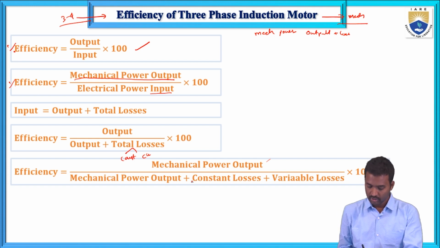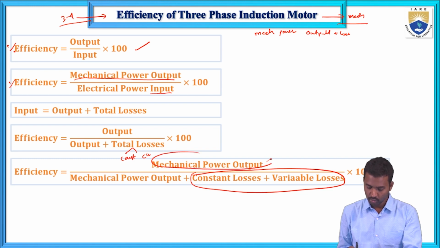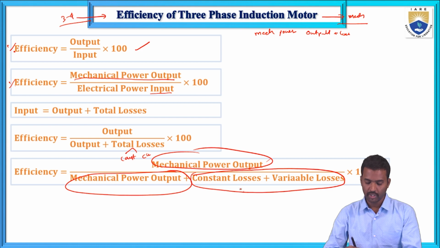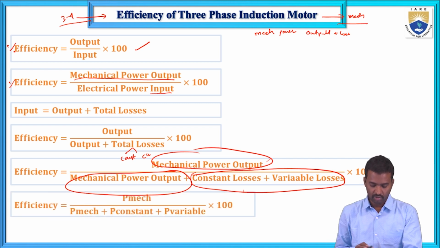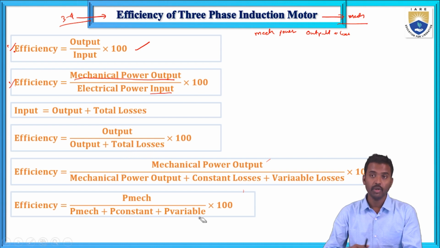So efficiency equals output by input, input equals output plus losses, and the losses are constant losses and variable losses. Now efficiency equals P mechanical divided by P mechanical plus P constant losses plus P variable losses, into 100. Now what are the losses here?